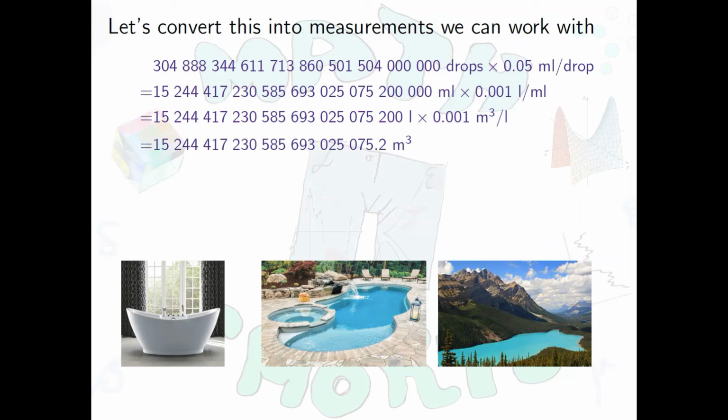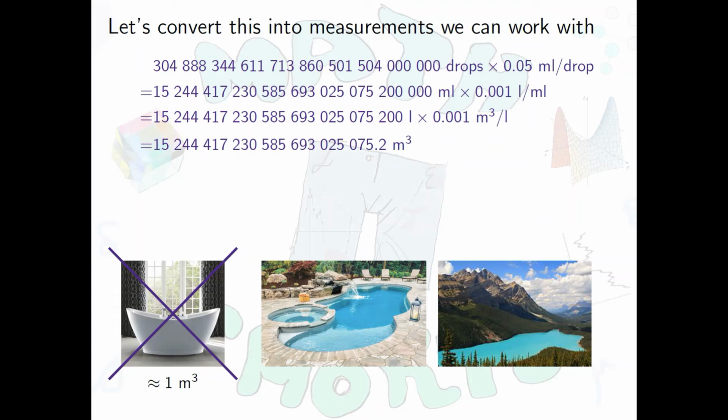So I get 15 hextillion cubic meters. Now, if I look at a tub, maybe a tub is a little bit more than a meter long, a little bit less than a meter wide, a little bit less than a meter high. So its volume is going to be around 1 cubic meter, give or take a bit. We can tell that this number is way too big.